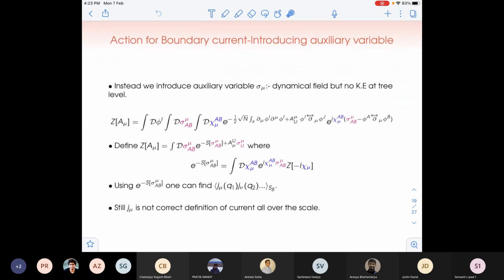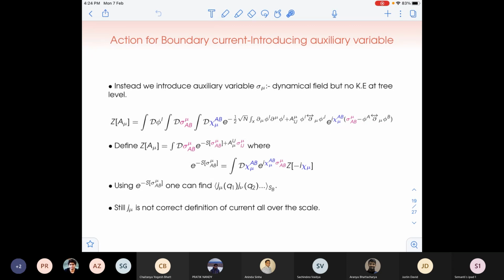Instead, we will use an auxiliary variable. Suppose sigma mu is the auxiliary variable for the current. It is a dynamical field, which means it will be integrated out, but there is no kinetic energy at tree level. So it is just a matter of inserting a delta function: the delta function says sigma mu is the current, and I have written the delta function in this basis.